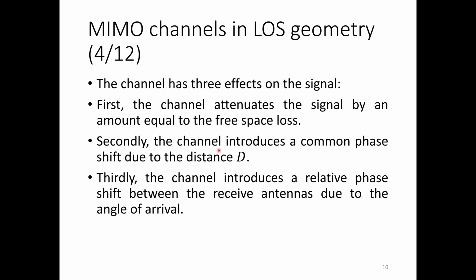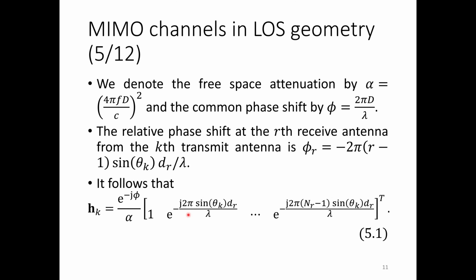Secondly, the channel introduces a common phase shift due to the distance capital D. Thirdly, the channel introduces a relative phase shift between the receive antennas due to the angle of arrival. You can say angle of arrival as AOA, which is the abbreviation of angle of arrival.